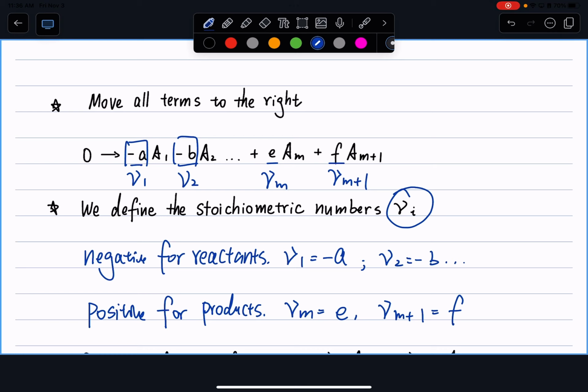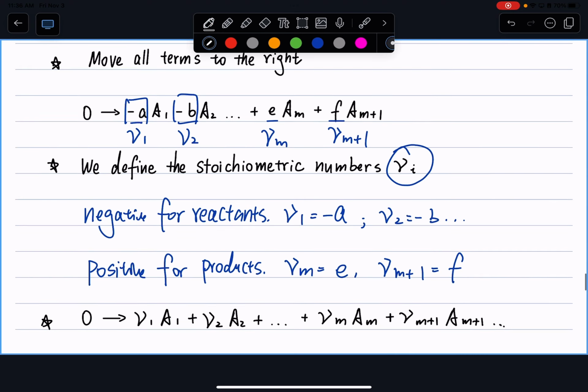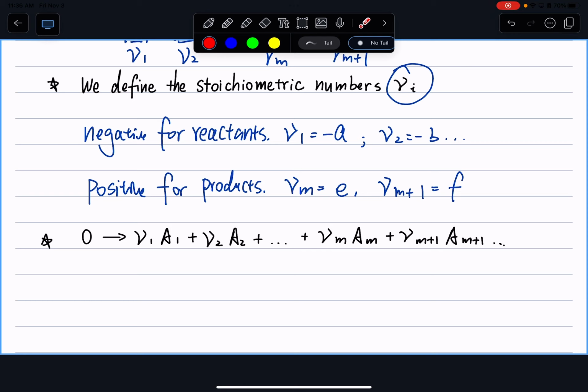Or the other way to put it, now that we define our stoichiometric number, we can rewrite this really long expression into this general form. A reaction always goes from nothing to the summation over all reactants and products of nu i A i.